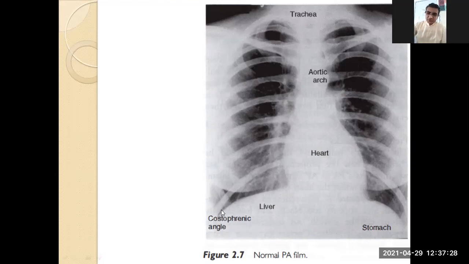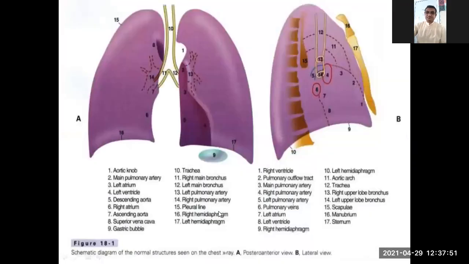This is the costophrenic angle, where the ribs and the lung tissue meet. This is the cardiophrenic angle, where heart and lung meet each other, which is perfectly clear. If it is blunted, it means there may be a pleural effusion or water inside the pleura.